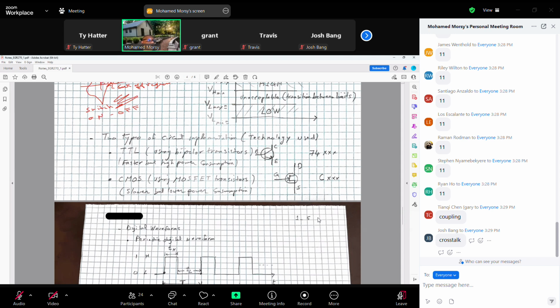The types of circuit implementation or technology used, as we mentioned before, TTL technology using bipolar transistor like this one here. This is the symbol for bipolar transistor.